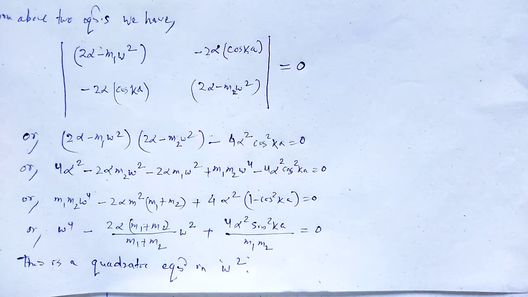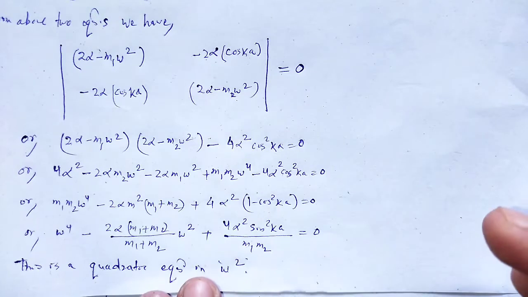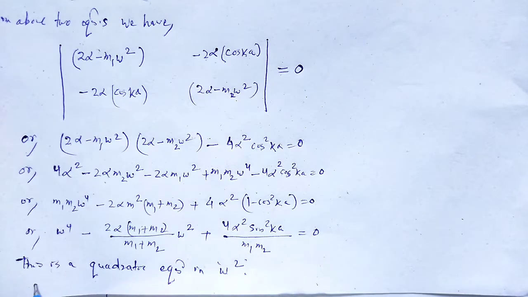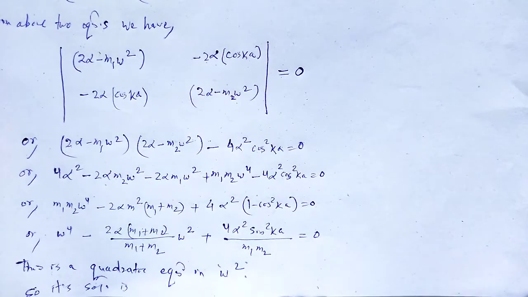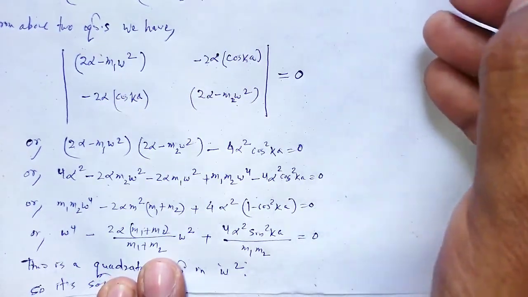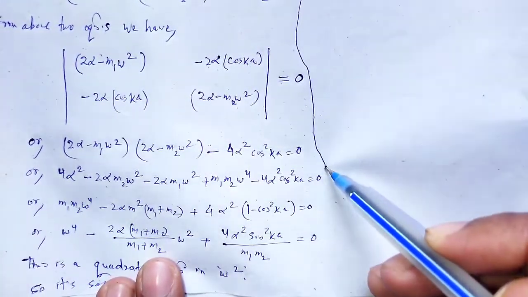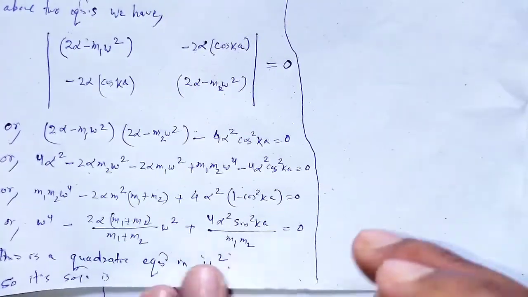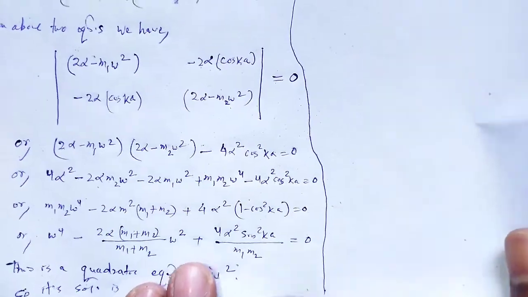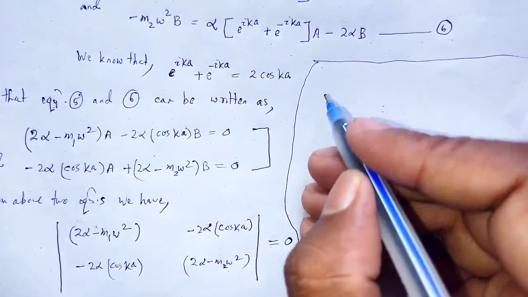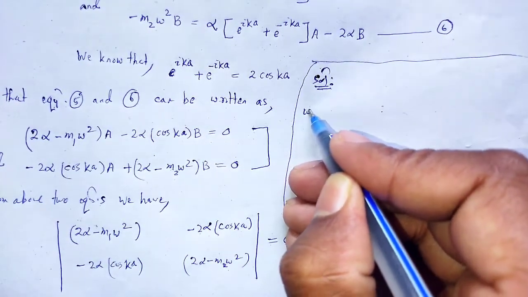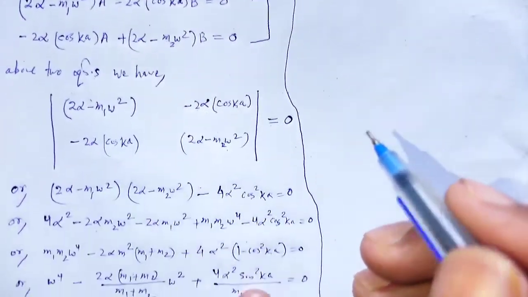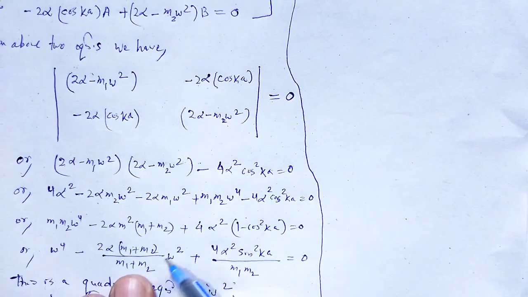So its solution is omega square equal to minus b plus or minus the square root of b square minus 4ac, divided by 2a.